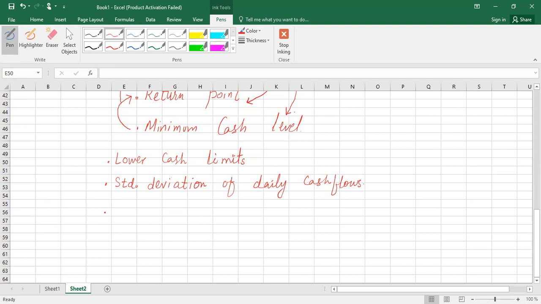Apart from this, we are expected to determine the interest rate, and we will calculate the interest rate. And then we need to estimate the trading cost of buying and selling marketable securities.